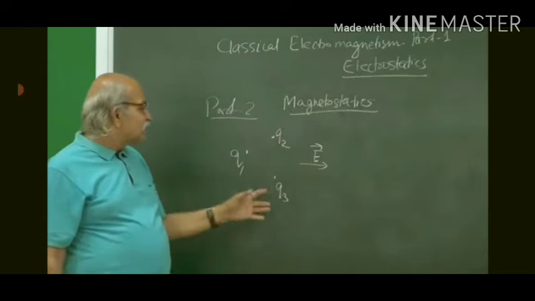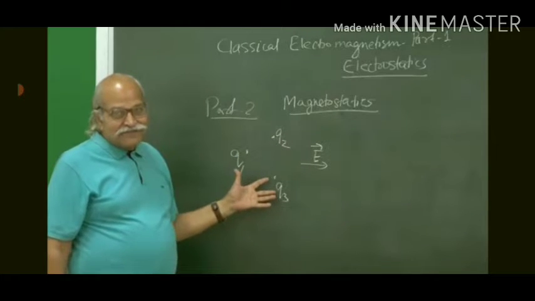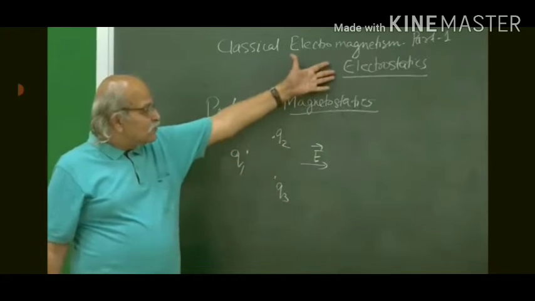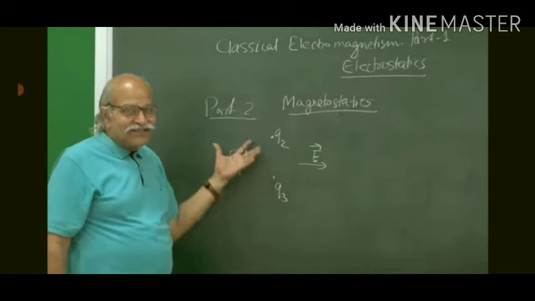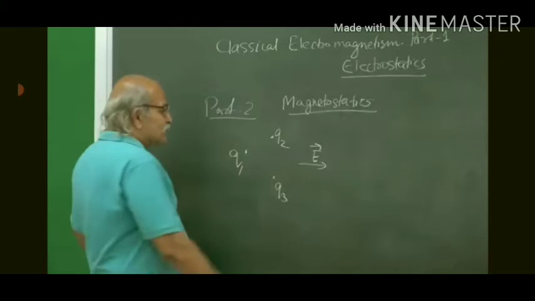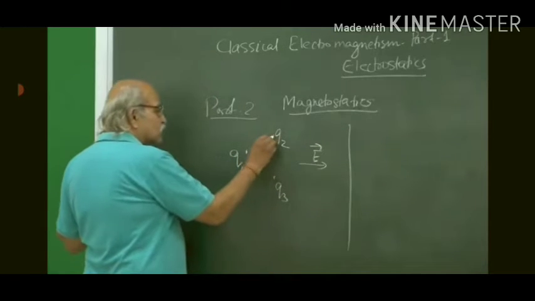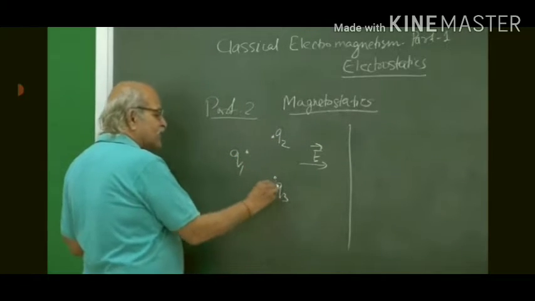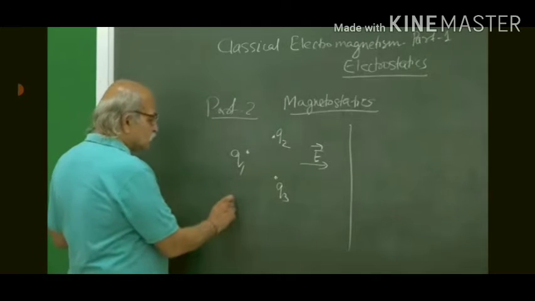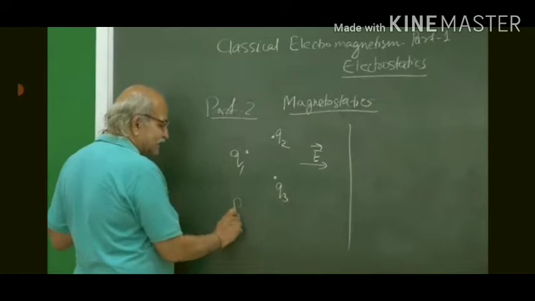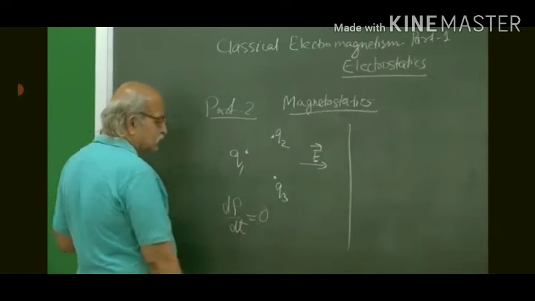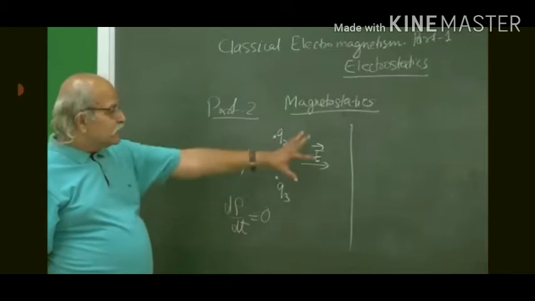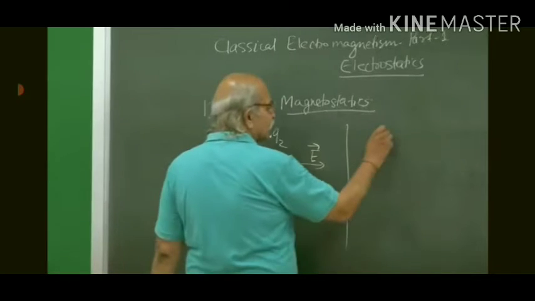Although if there are small velocities, it does not matter much, and we do apply the laws of electrostatics for slowly moving charges also. But these charges should not change with time. So, if you talk in terms of the charge density, then d rho dt should be 0 for electrostatics.